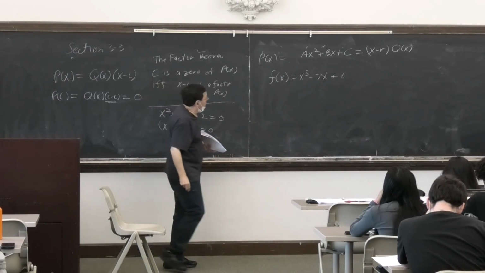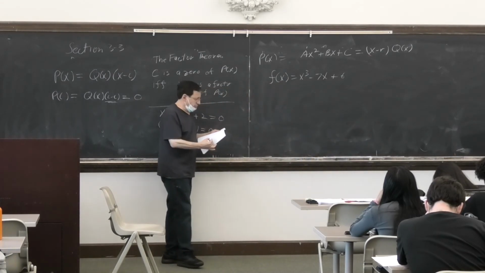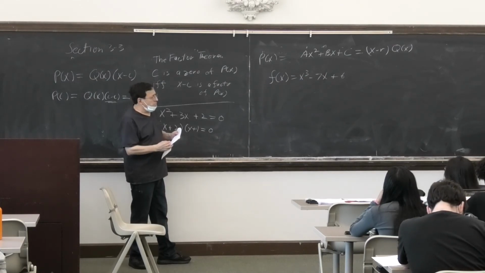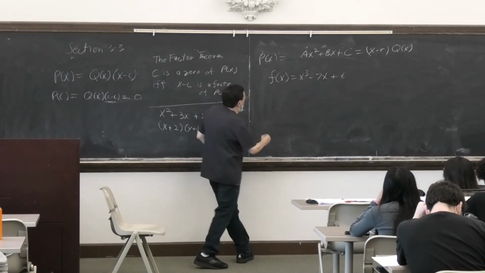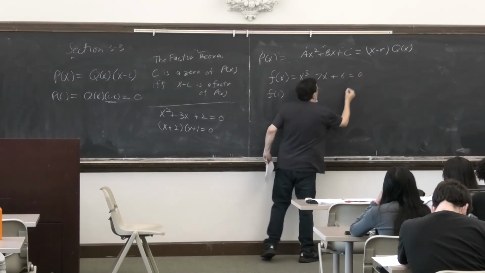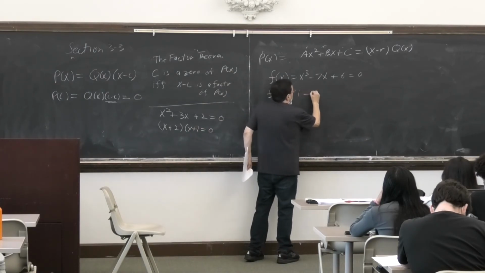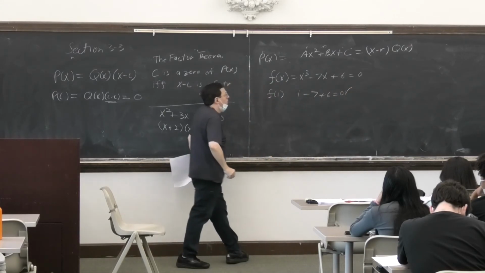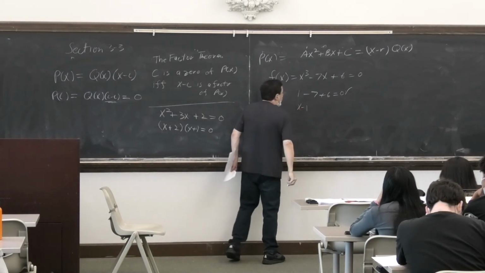It's a cubic, can't do anything nice with it. But let's say I just happen to look at it and think, I think 1 might be a 0. So 1 minus 7 plus 6 is equal to 0. Knowing it's a 0 tells me that x minus 1 is a factor.